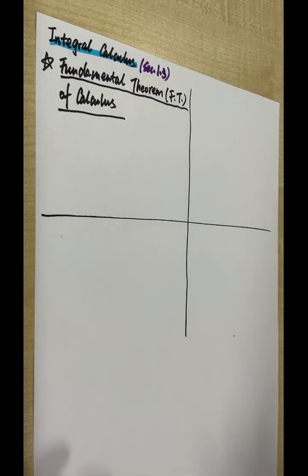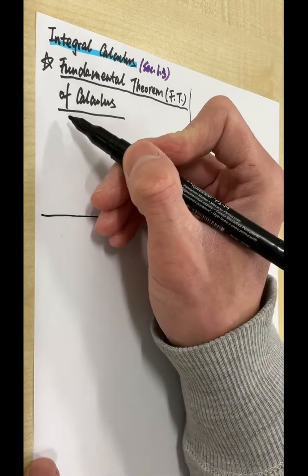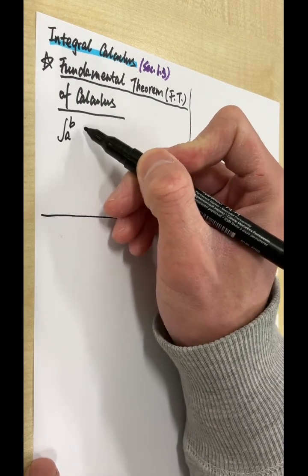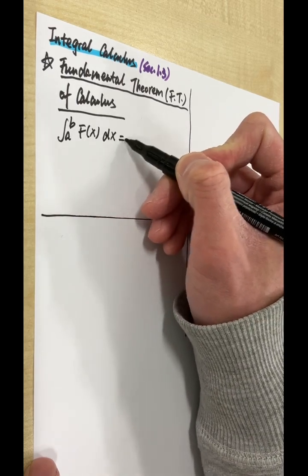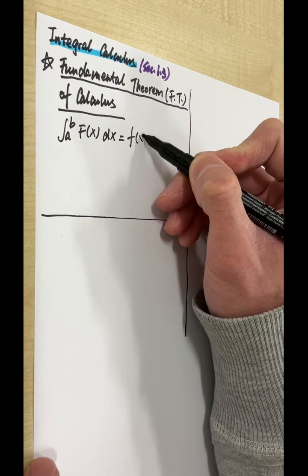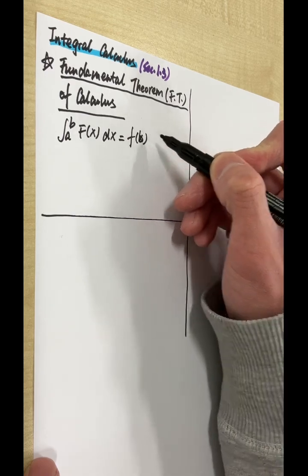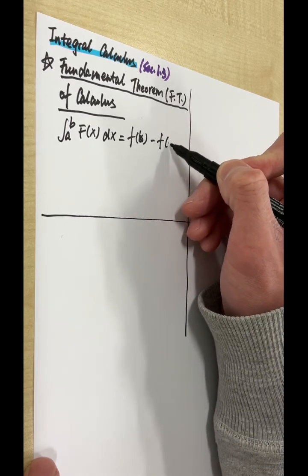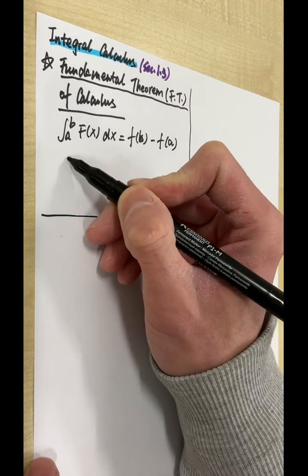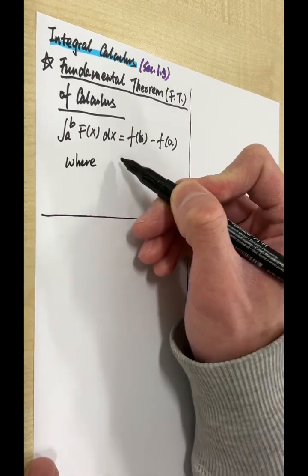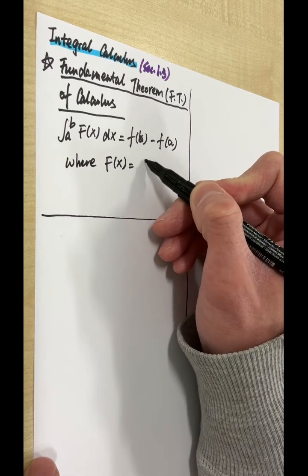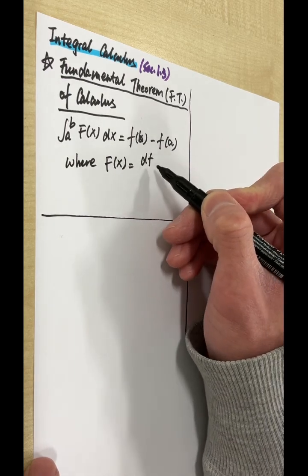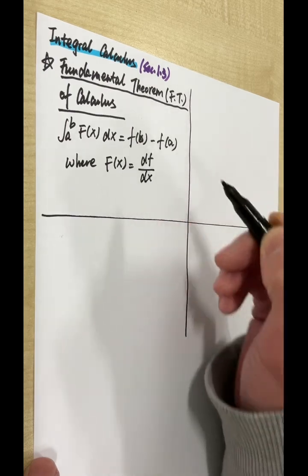So how does this look? We have the line integral from a to b of capital F(x) dx equals f(b) minus f(a), where F(x) equals df/dx.